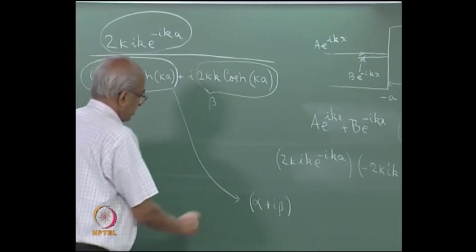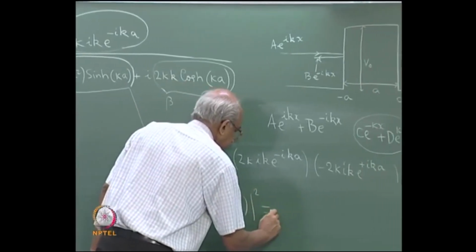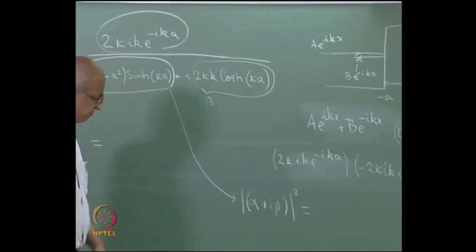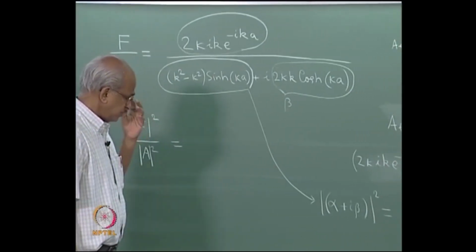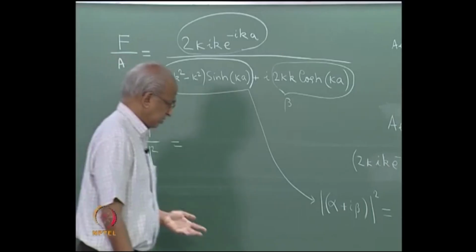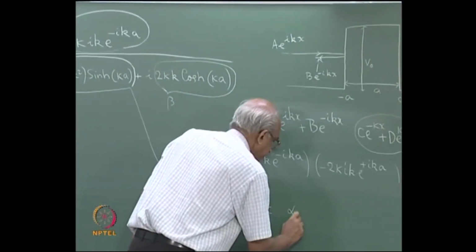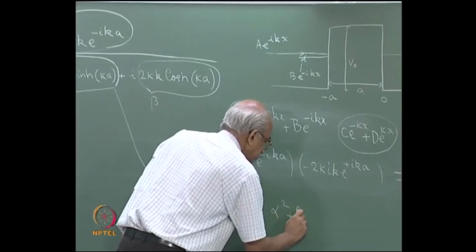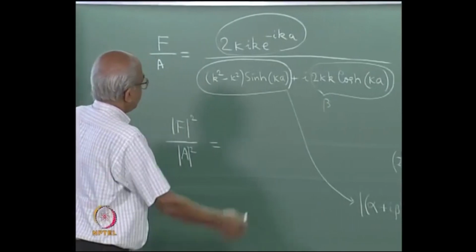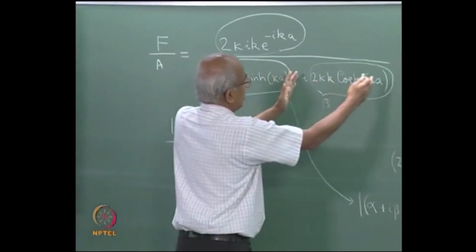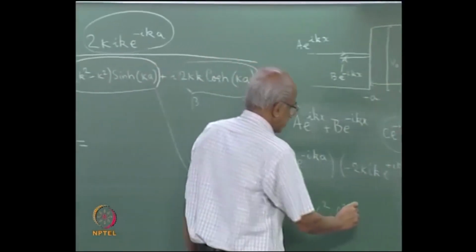And I want to calculate magnitude of this square, and if you know a little bit about complex numbers, you would realize that this is nothing but alpha square plus beta square. And so what I have to do is I have to take the square of this, add to it the square of that. So what would be the result?